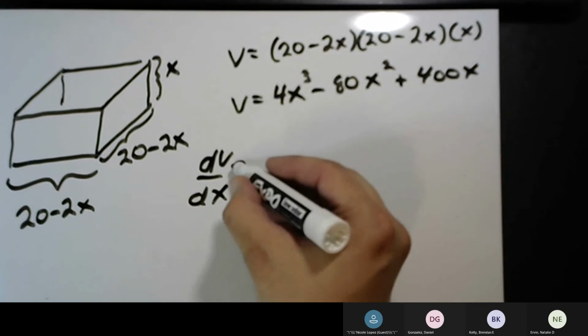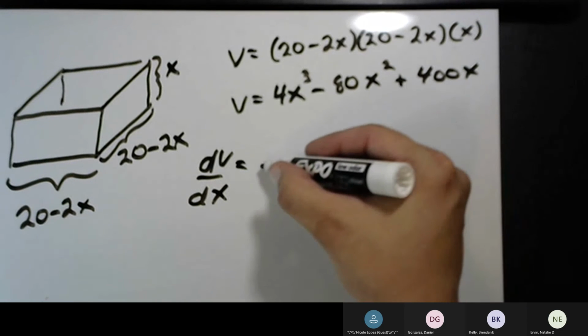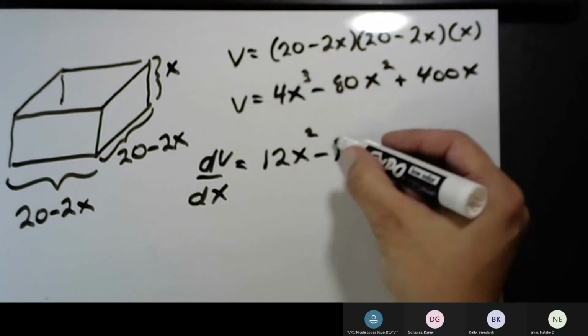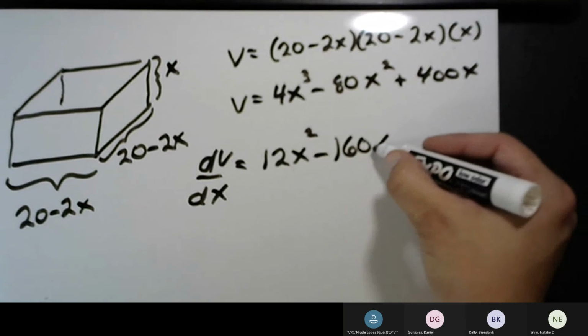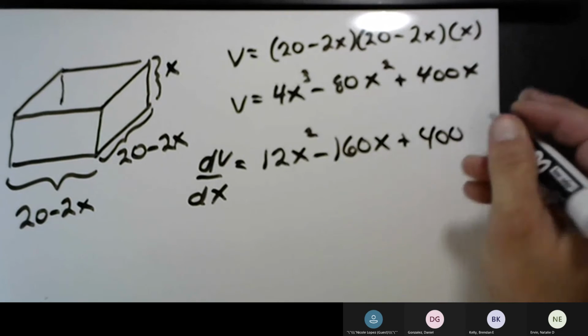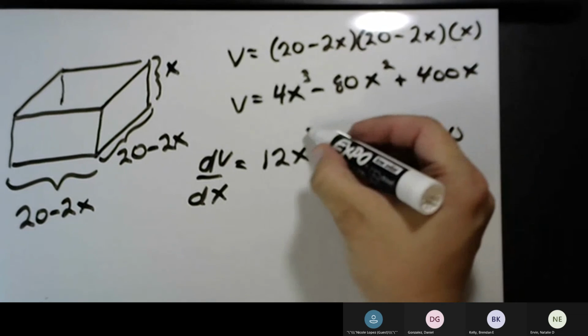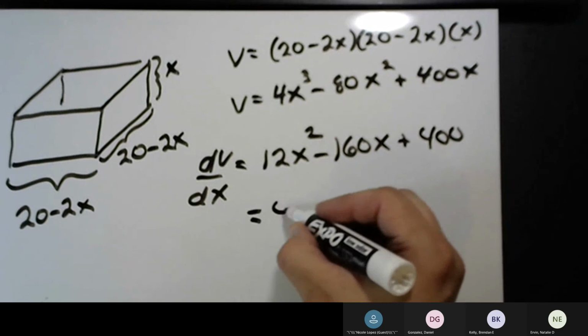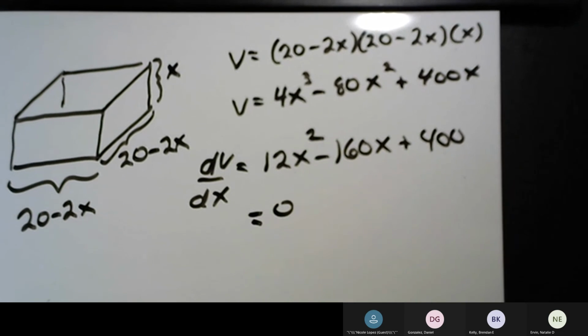Now we want to find the critical points. So we take the derivative, and we get 12x squared minus 160x plus 400, and we set this equal to 0.